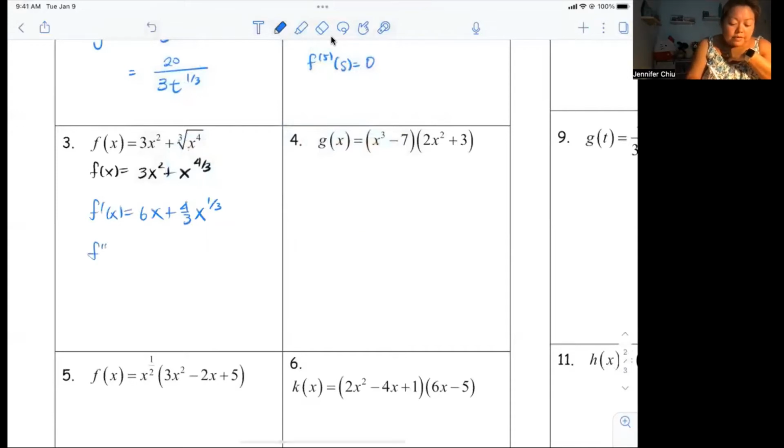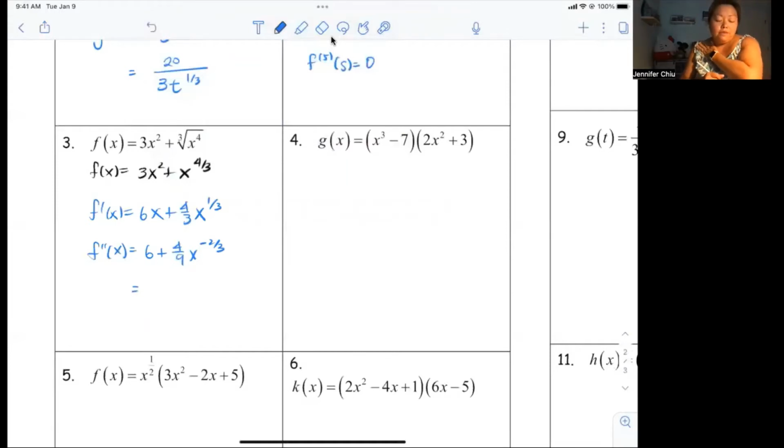Take one more derivative. We're practicing taking derivatives, so take one more derivative. You get 6 plus 4/9 x to negative 2/3. And again, I would urge you to rewrite these all into one fraction because that is a very good habit to have for later chapters, right? But more importantly for f double prime here, because we have that negative 2/3.